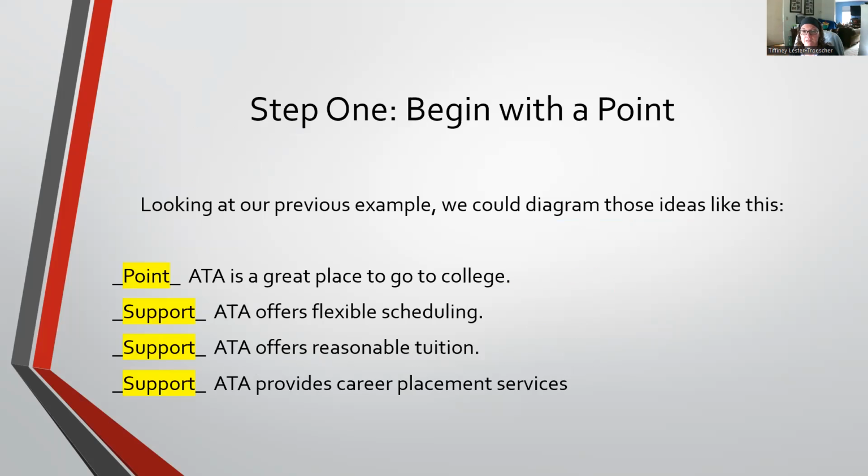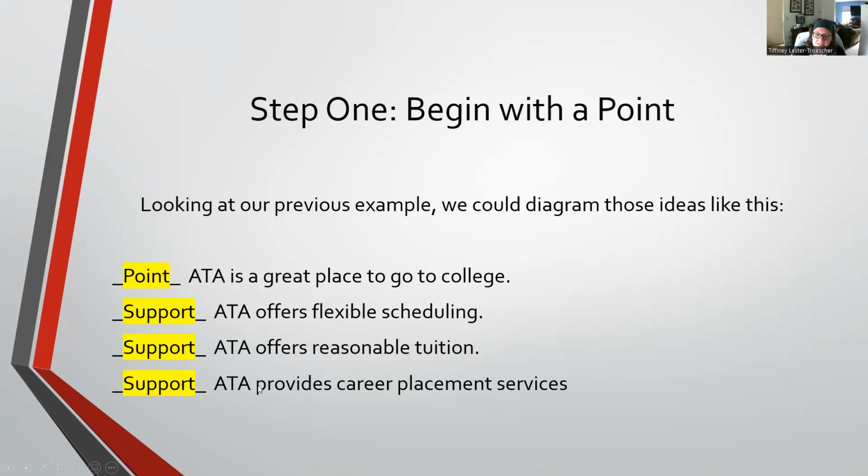Right? If we were to sort of diagram those ideas from that potential paragraph about ATA, our main point is that ATA is a great place to go to college. Our first supporting idea is that ATA offers flexible scheduling. Our second support is that ATA offers reasonable tuition.